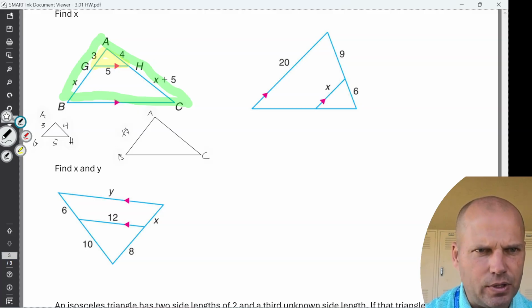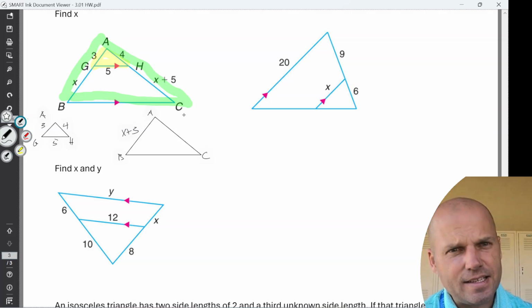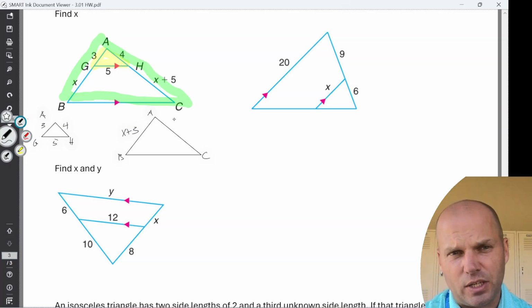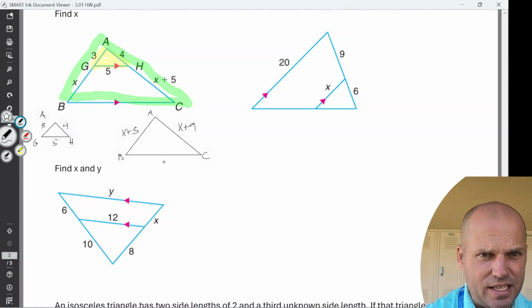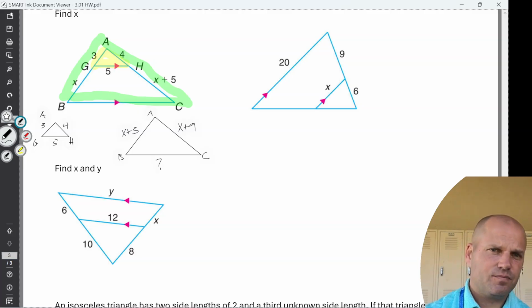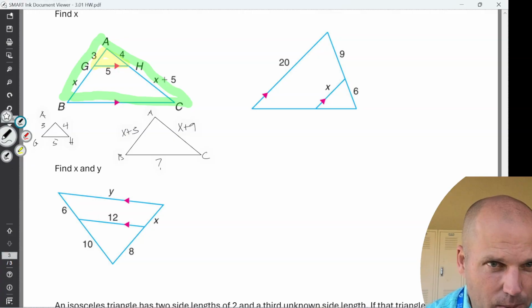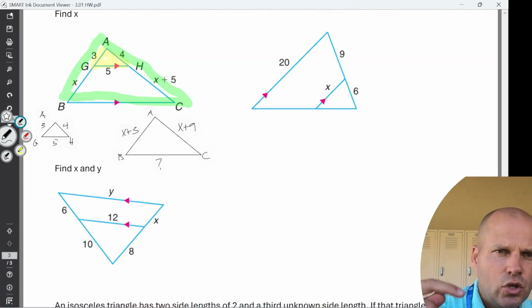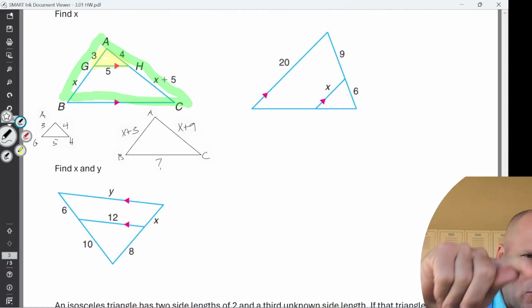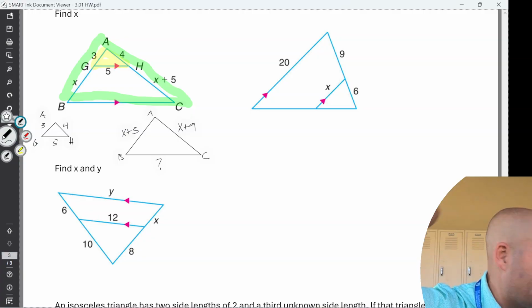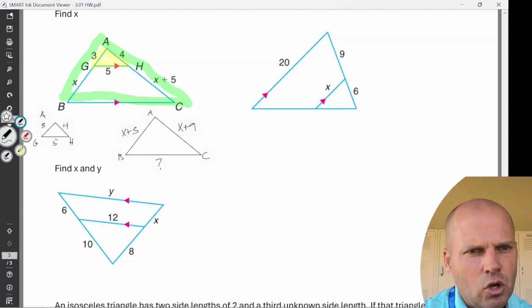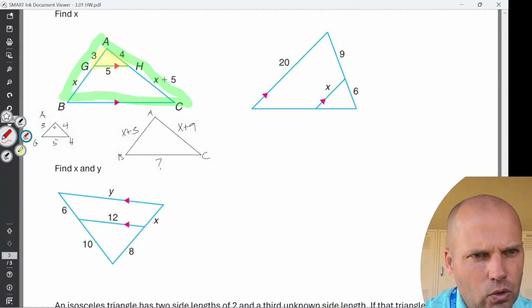AB is x plus 3. AC is 4 plus x plus 5. So that's x plus 9. And then BC, I have no idea what it is. Now, this is a great problem because you don't know the relative size of the bigger triangle compared to the smaller triangle. But you do know the relative size of one side length to the other.